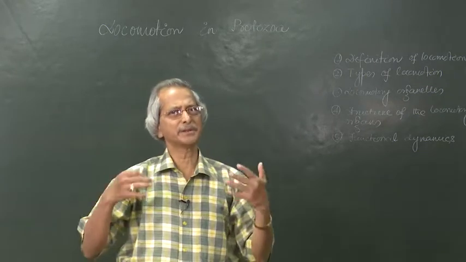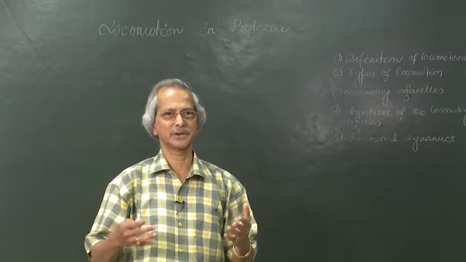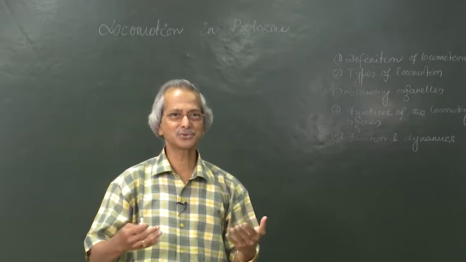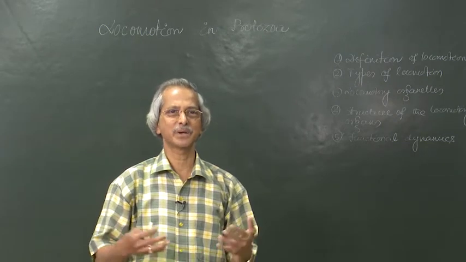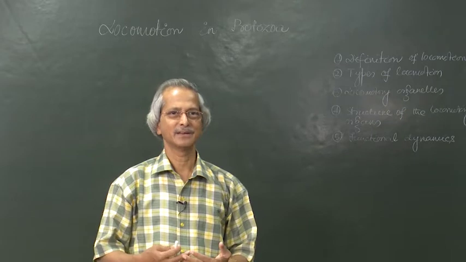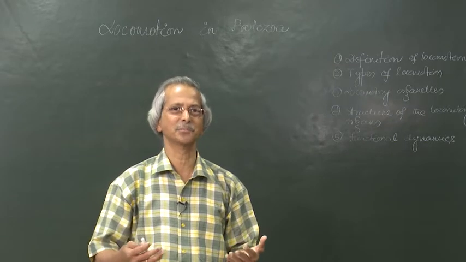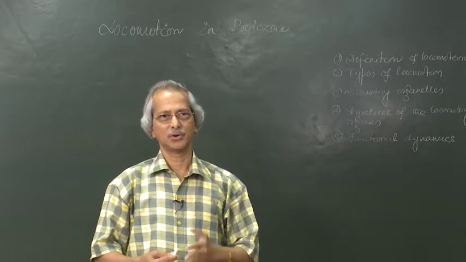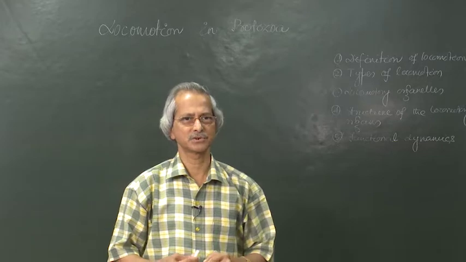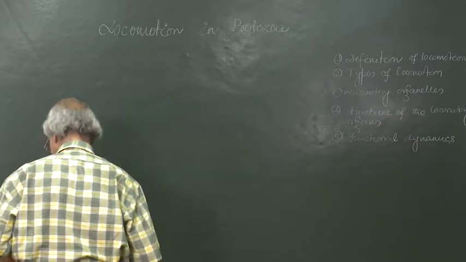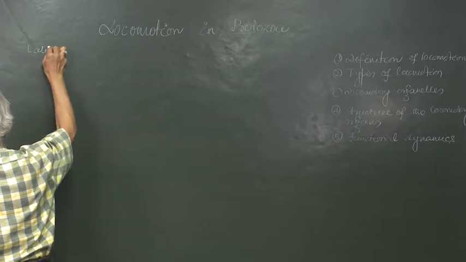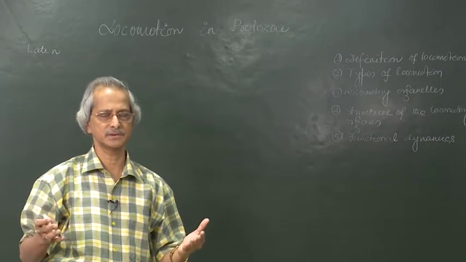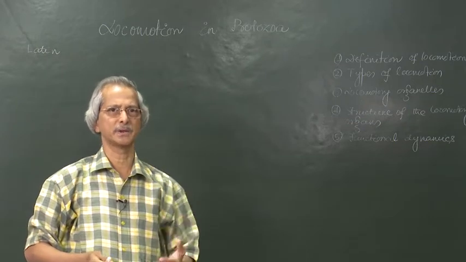protozoa. When we think of locomotion, it is a very common term, but we have to define it. When we are asked to define, sometimes it becomes very difficult on our part to explain things in simple language. So, what is locomotion? Locomotion is a term which has its origin from Latin, from two different terms. The first segment of the term is locus.